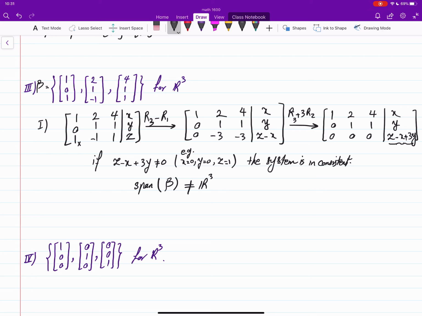Well, you could check the other condition just by trying to see if it has only the trivial solution. But as you can see here, if I set x equal to 0, y equal to 0, z equal to 0, oh, sorry, I'm setting x, y, z to 0, you will see that this has a non-trivial solution.